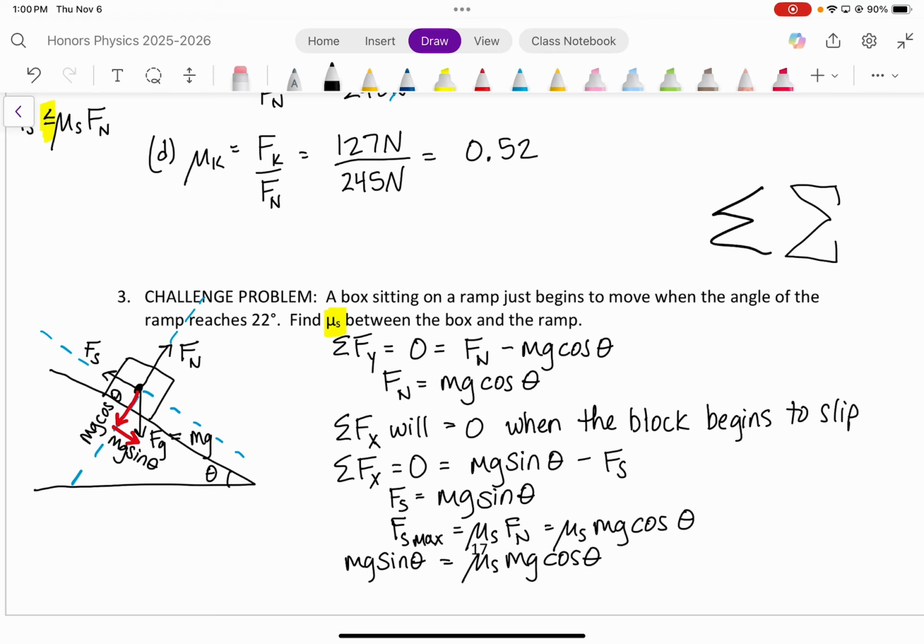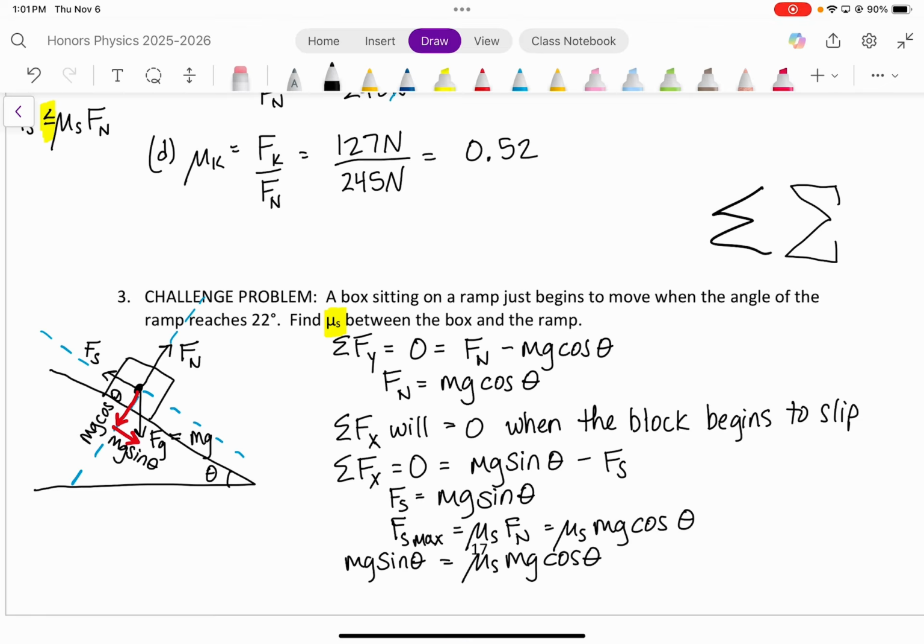All right, so now I have this expression. Remind me again, what is it that I am trying to solve for? What's the whole point of this problem? Mu s. What is mu s?